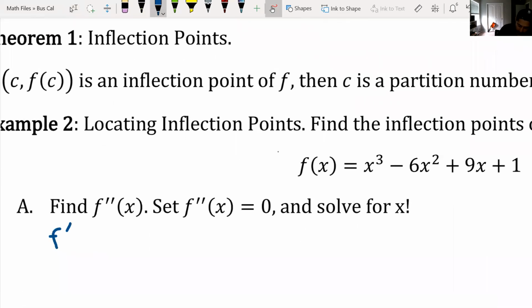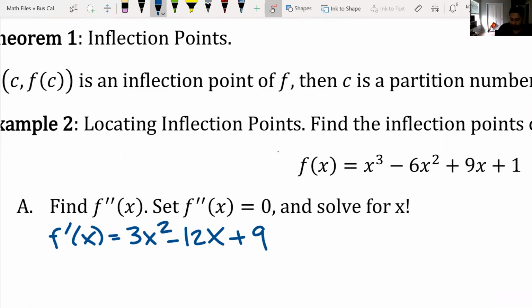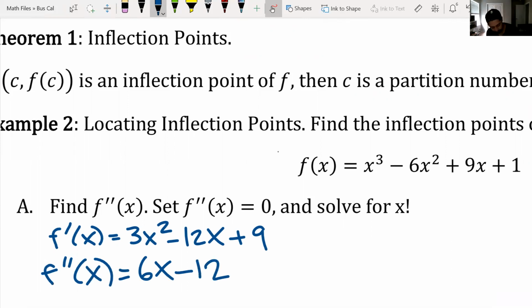So first derivative, 3x squared minus 12x plus 9. Second derivative, f double prime of x, 6x minus 12. Okay, and then, not done.